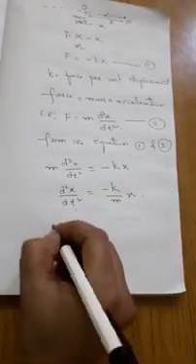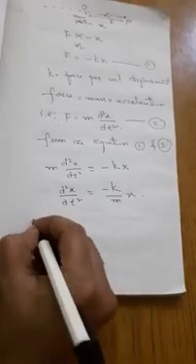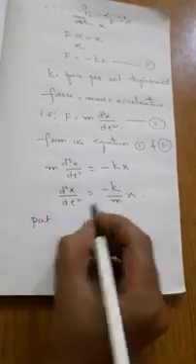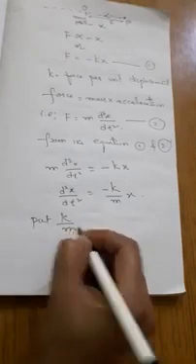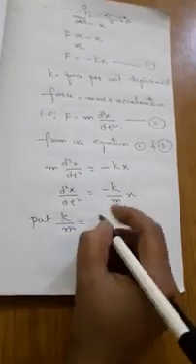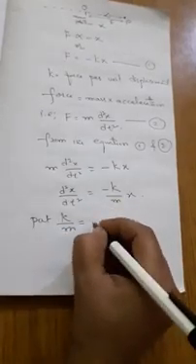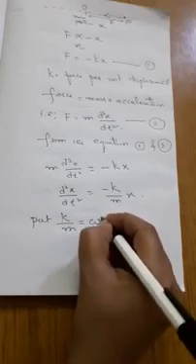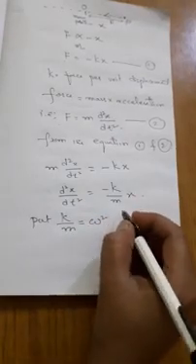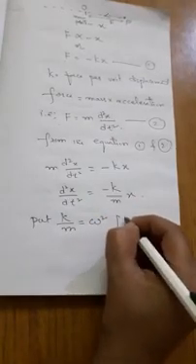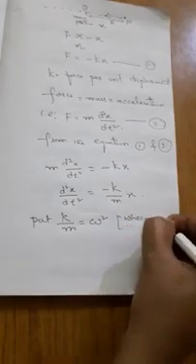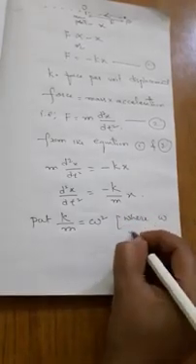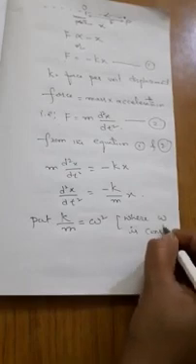Here k is constant and m is also constant. This total constant k by m is replaced by another constant omega square, where omega is also a constant.